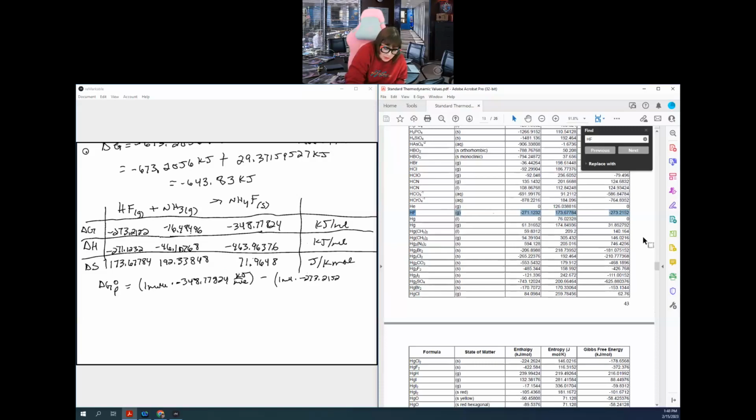Yeah, that's 2152. Not sure what I wrote anymore, but that's what we're going with. Plus 1 mole times the negative 164.48496. Okay.